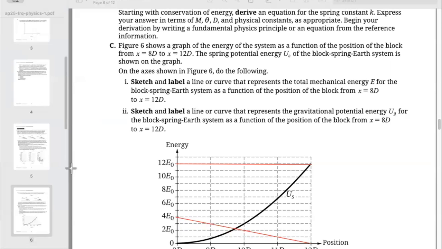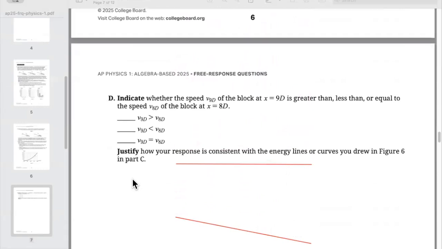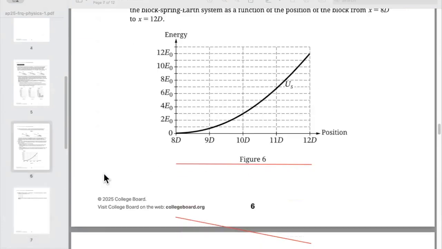It has to be a straight line because gravitational potential energy is directly proportional to position, and it starts at 4E0 because we said that the total energy starts at 12, and therefore when you reach 8D, you should only have 4E0 worth of potential energy. There we go. Okay. Indicate whether the speed at 9D is greater than, less than, or equal to the speed at 8D.